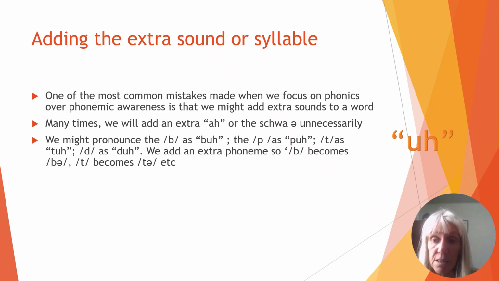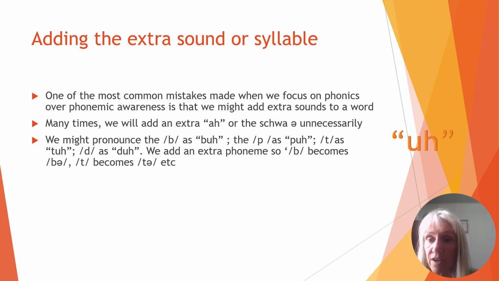D can be duh, and I did that in the previous slide when I was doing dad, because it's just so habitual for me. I would have said duh, dad, you know, that duh, you're hearing the sound in there instead of just clipping it off with d, ad. I said duh, ad, right?